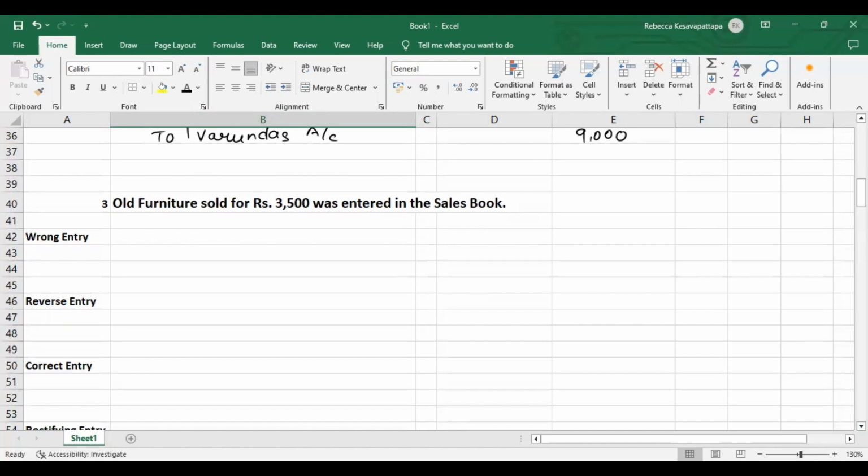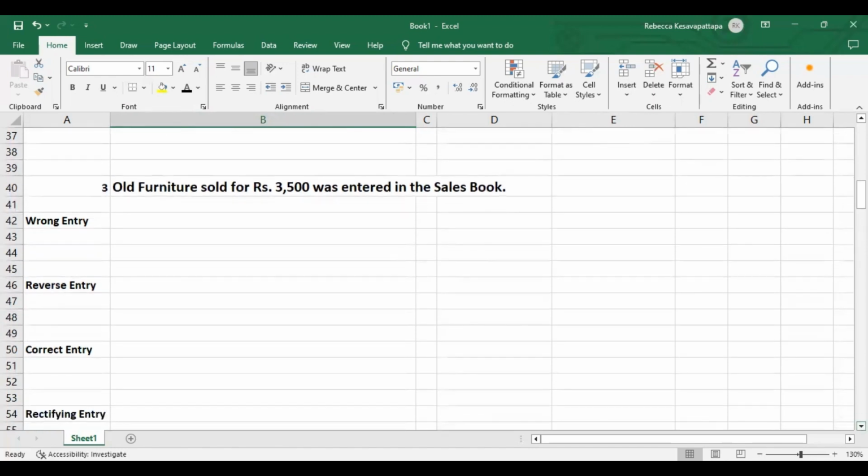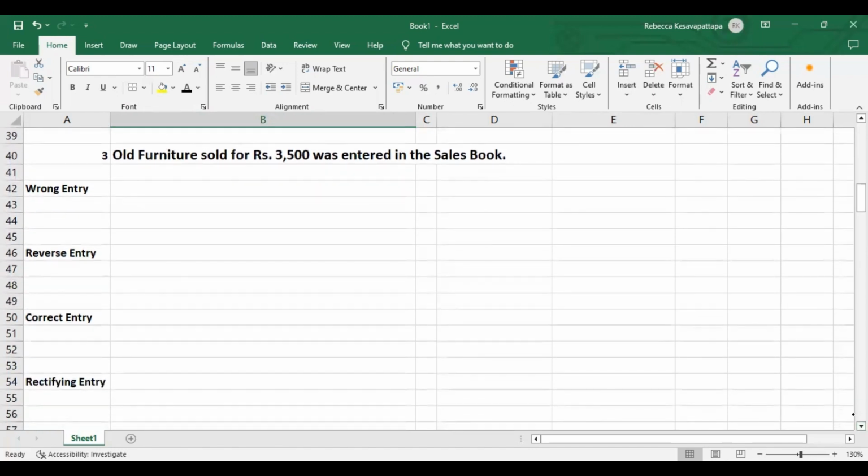Old furniture sold for rupees 3,500 was entered in the sales book. So old furniture is being sold for rupees 3,500, but by mistake it was treated as if the money was being received from sales.